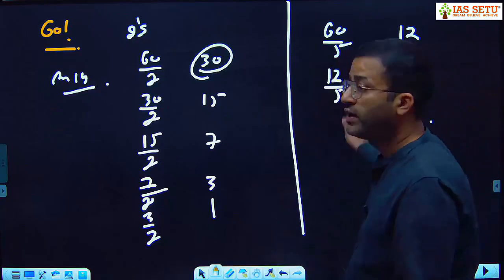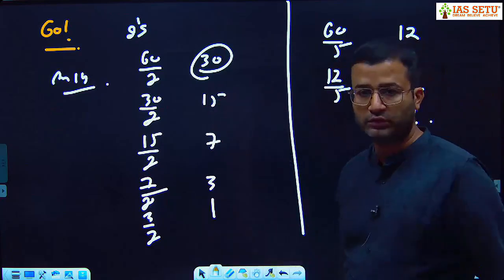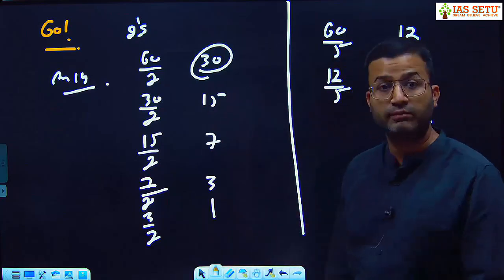Why? Because the number of 5s is lesser as compared to the number of 2s. So don't waste your time checking the number of 2s. The number of 2s has to be more.